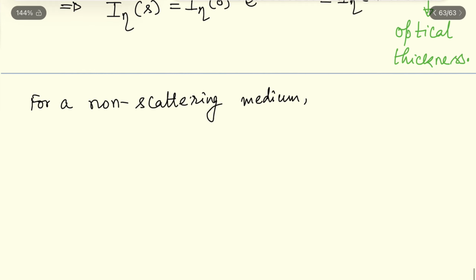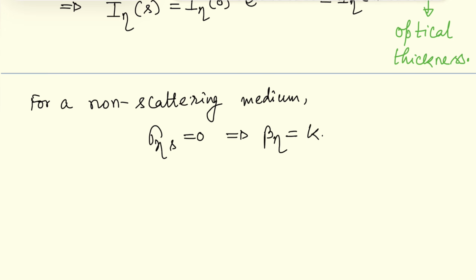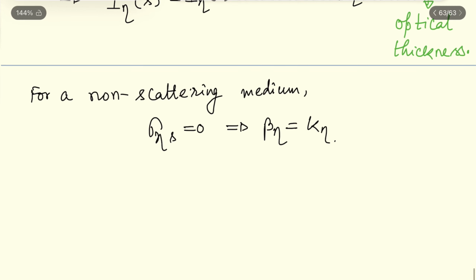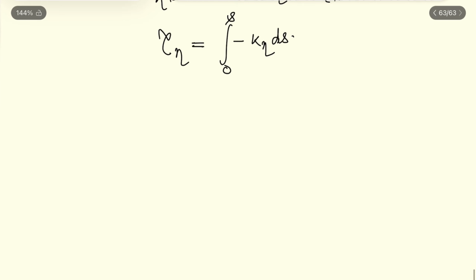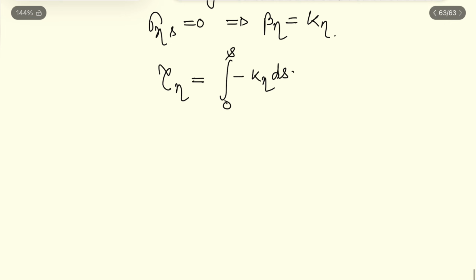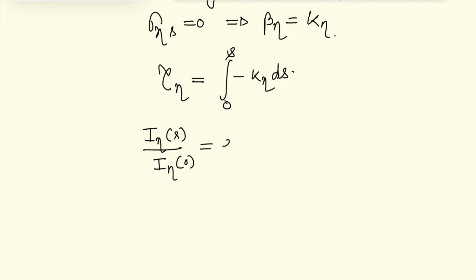So sigma eta s will be 0, that means beta eta will be just k eta, that is the absorption coefficient, and that means the optical thickness will be minus k eta s from 0 to s. Now for this case, that is for a non-scattering media, you can see that my I eta s by I eta naught is equal to nothing but e to the power minus tau eta.